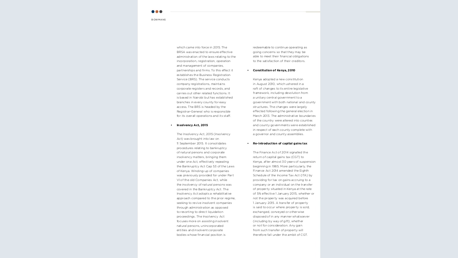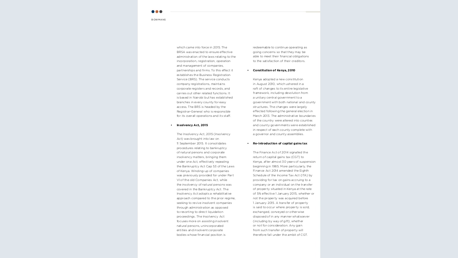It consolidates the procedures relating to bankruptcy of natural persons and corporate insolvency matters, bringing them under one Act, effectively repealing the Bankruptcy Act of the laws of Kenya.